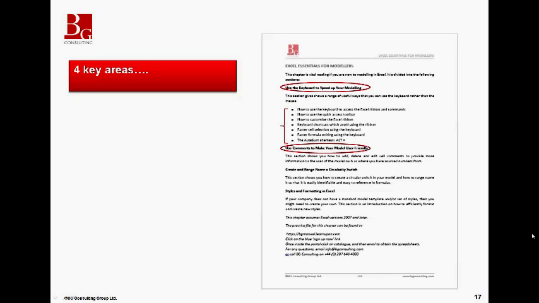Being able to add, edit and delete comments in a model to label where information has come from is very important in modelling. Being able to create and range name a circularity switch, which is an optional extra in a model. And finally, styles and formatting in Excel. An introduction, useful for people whose companies don't have a standard model template and where you might be creating a model from scratch.